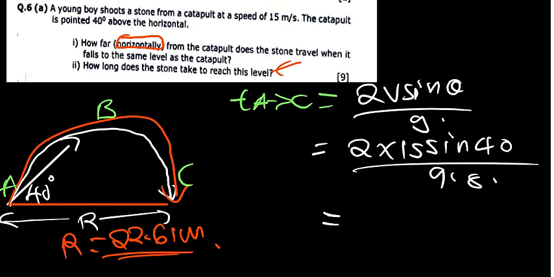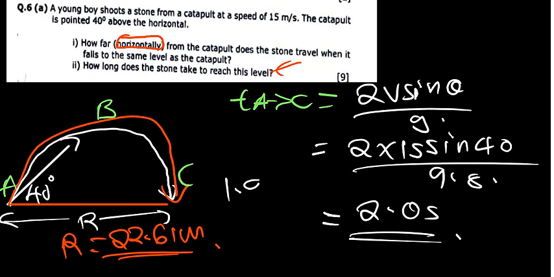I'm getting 1.967, which is about 2.0 seconds. If you want, you can say the time is 1.98 seconds. So that's how long it was in air. Unless you have questions, you can ask before we go to the next question.